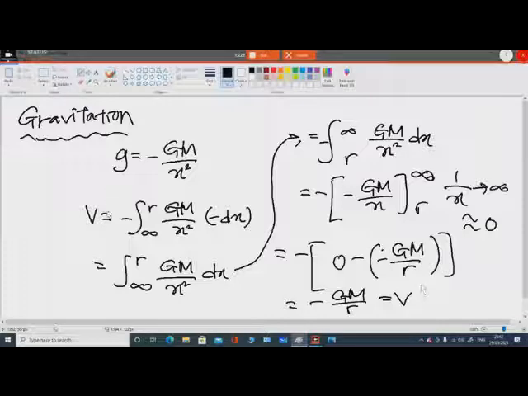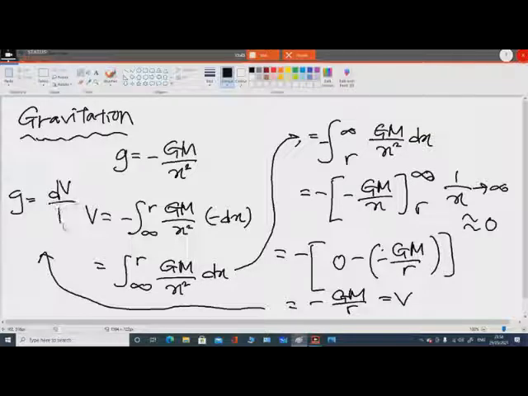So we can conclude that gravitational acceleration, or gravitational field strength, is equal to negative dV/dr. This is how we explain the gravitational potential in a quantitative way.